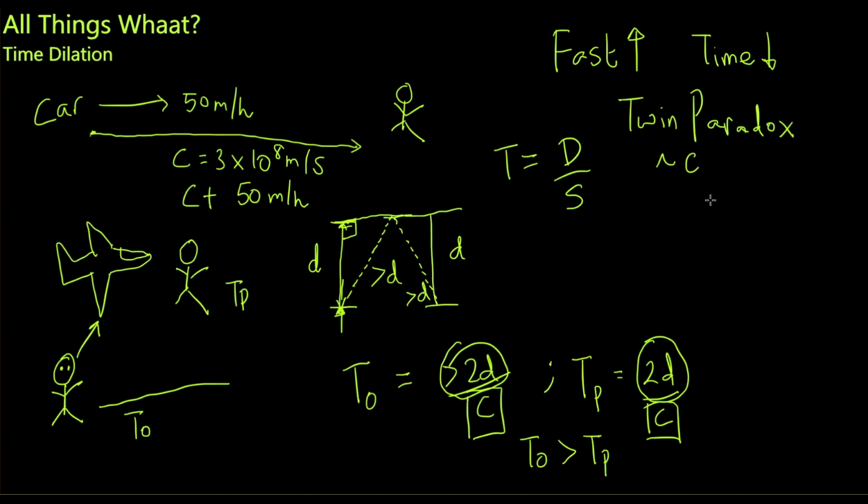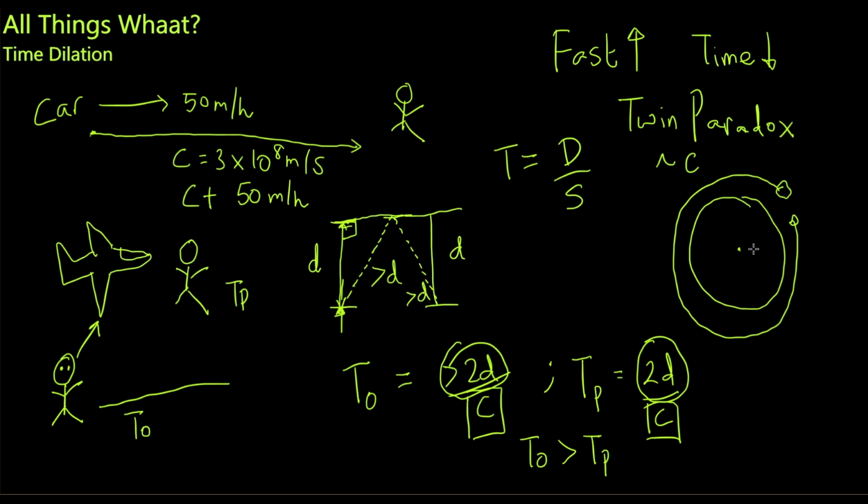In fact, one practical example that we see of time dilation is that of GPS satellites, right? So if this is Earth, and let's say we have a satellite that revolves around Earth, and usually these GPS satellites are pretty fast, so they move at almost 4 to 5 kilometers per second.